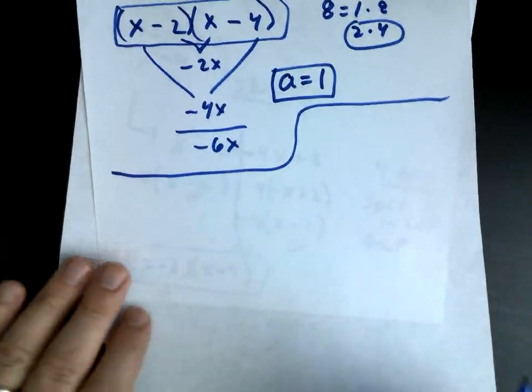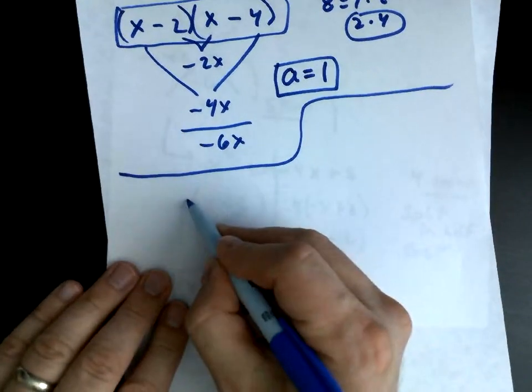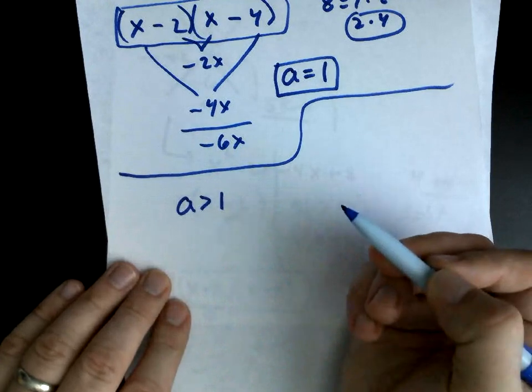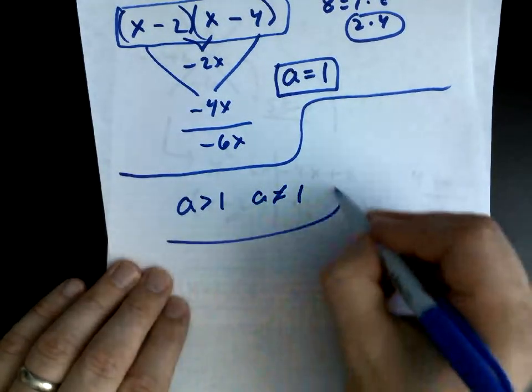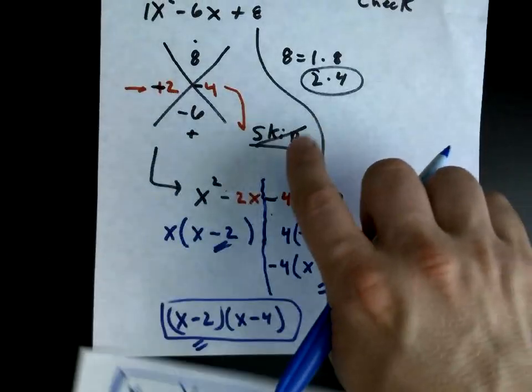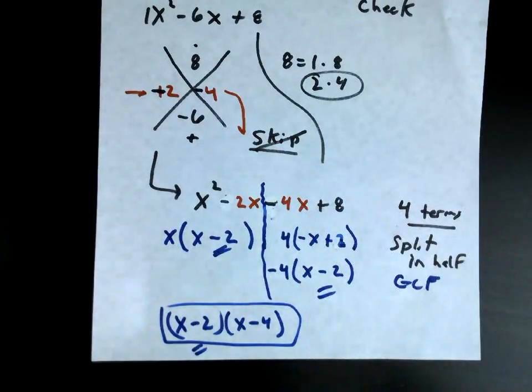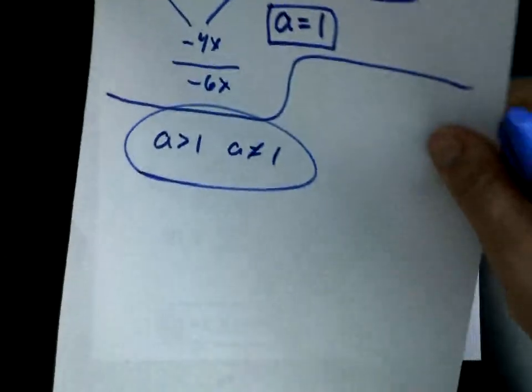Now, in the next video, A is going to be greater than 1, or maybe A is not 1. That's where we have to do this extra step, because we have a kind of bonus feature in it.